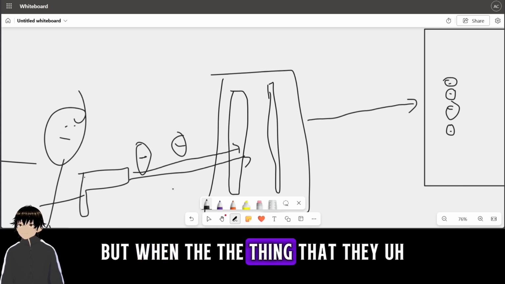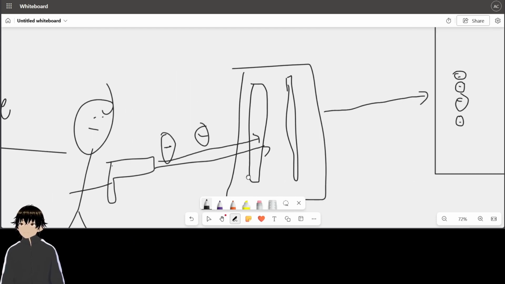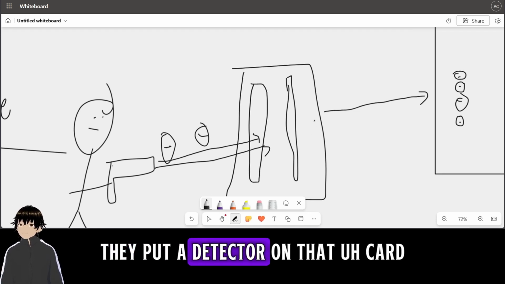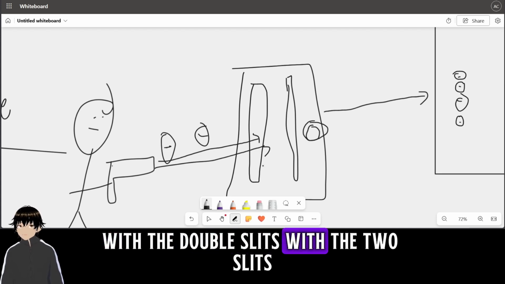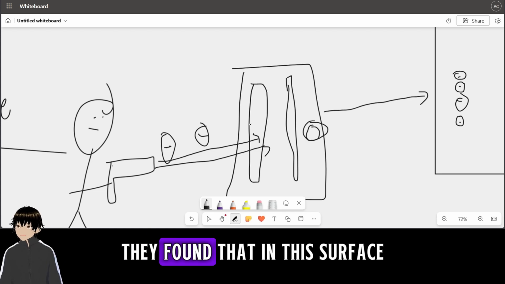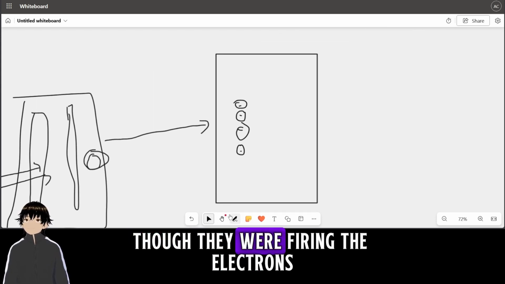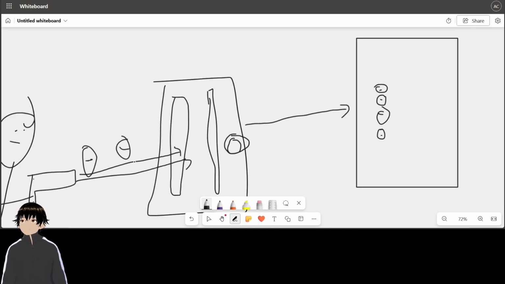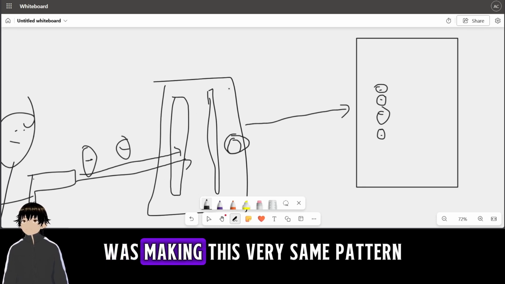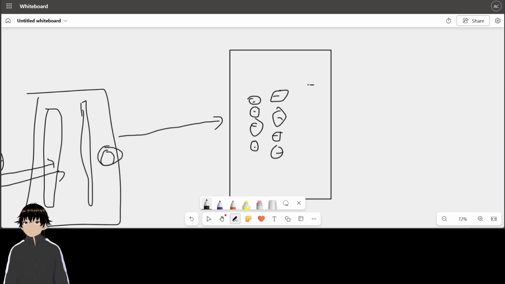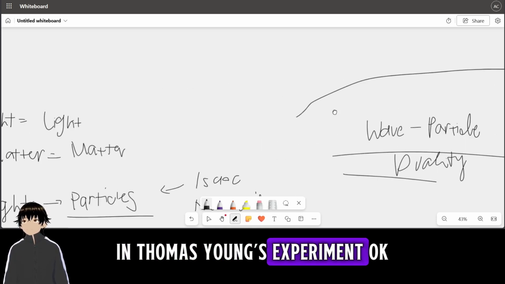But what they realized is that when they put what we call a detector on that card with the two slits, even though they were firing the electrons at just a single slit, the surface was making this very same pattern as it did in Thomas Young's experiment.